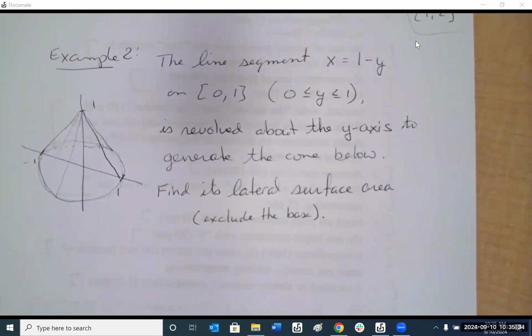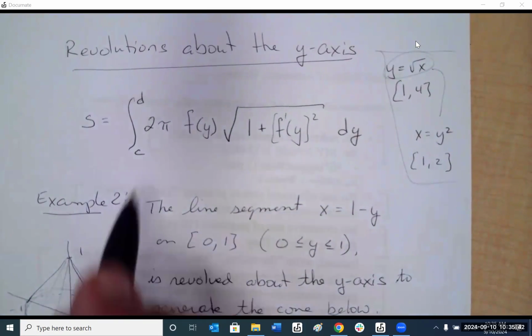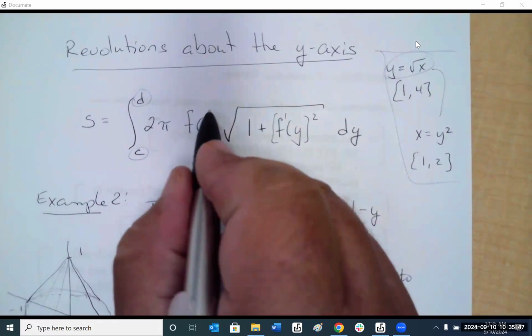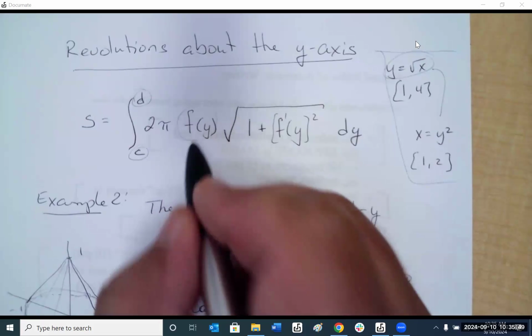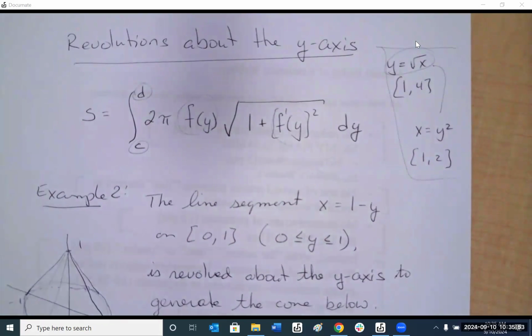So to use our formula, how many things do we have to determine? Look at our formula. We have to determine a C, determine a D, the f of y in this case, and the first derivative. We have 4 things we have to find. Then we can plug them in.